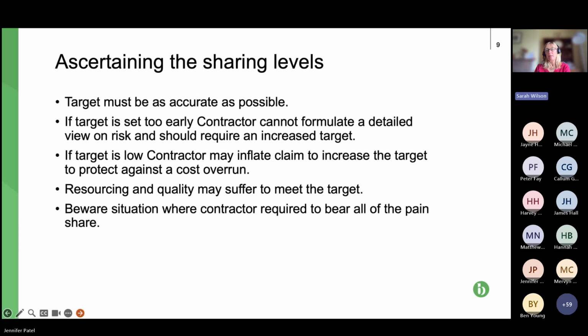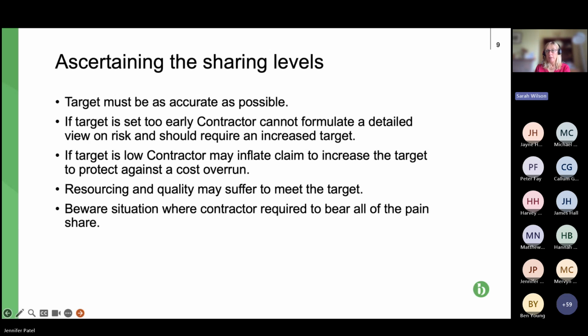Ditto, it's problematic if the target is way too low, because ultimately the contractor somehow or other will try to claw back the money rather than having to suffer all the overrun.